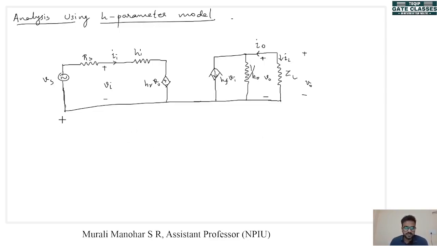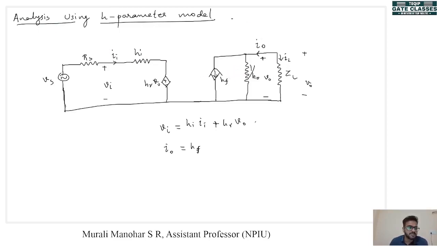So the equation for this can be written as Vi is equal to Hi into Ii plus Hr into Vo, and Iout can be written as Hf into... I made a mistake.